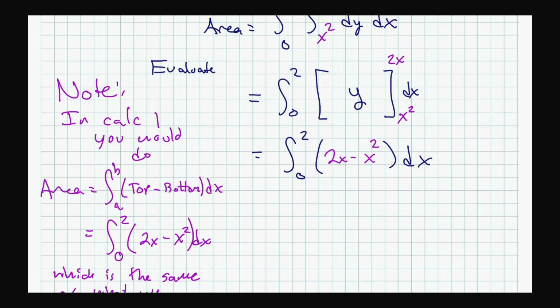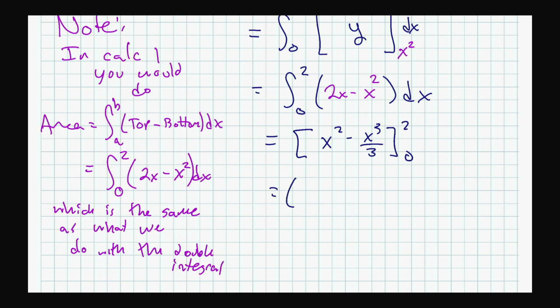All right, so the results are the same. Nothing fancy. So if you actually do this antiderivative, now we're integrating with respect to x, we get x squared minus x cubed over 3, power rule. Plug in the 0 and 2: 2 squared minus 2 cubed over 3, minus 0 squared minus 0 cubed over 3.